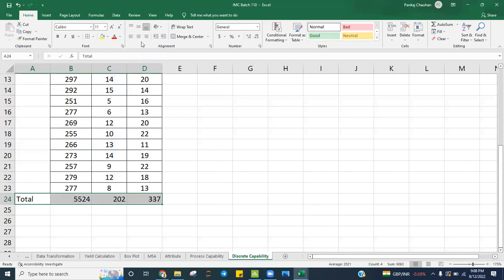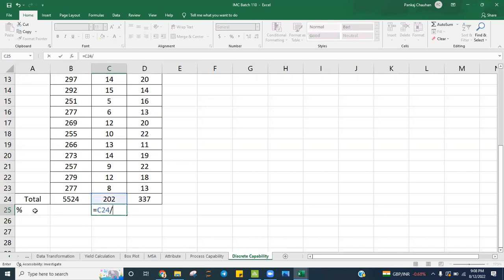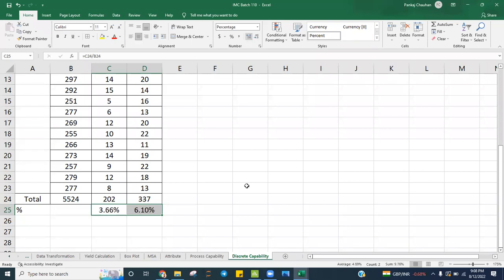Now I will be calculating the percent of the data. So if you see percent defective, 202 divided by 5524, which is around 0.03. And percent defect, this is the value you are getting, which is 6.061. Convert into the percentage, so this value you have got.